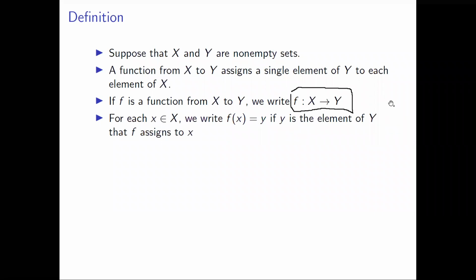And for each x in X, we write f of x equals y if y is the element of big Y that f assigns to x. And I want to underline a word here, the element. There's only a single element that this function maps each element of X to.